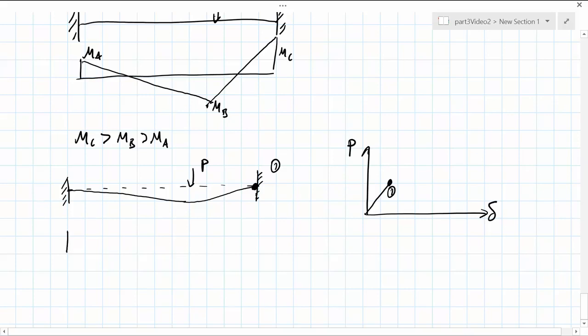The second plastic hinge forms in the center, and the section that connects the second plastic hinge to the first plastic hinge becomes rigid.